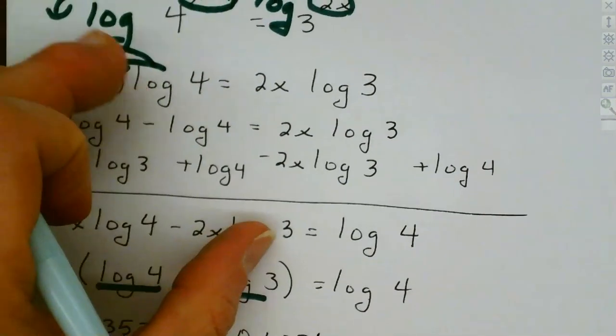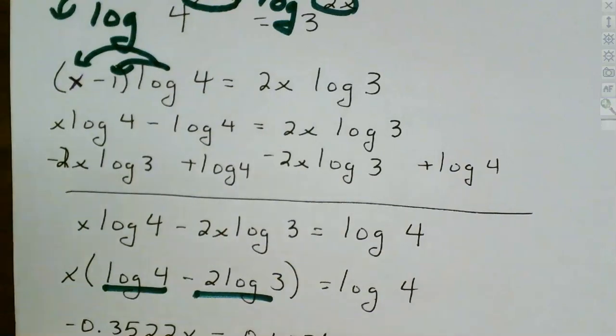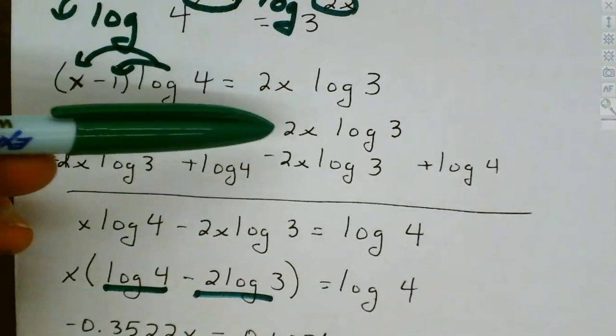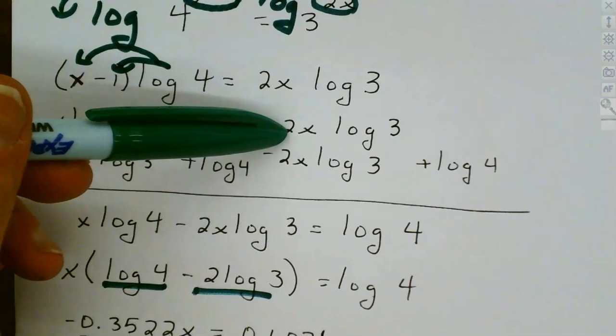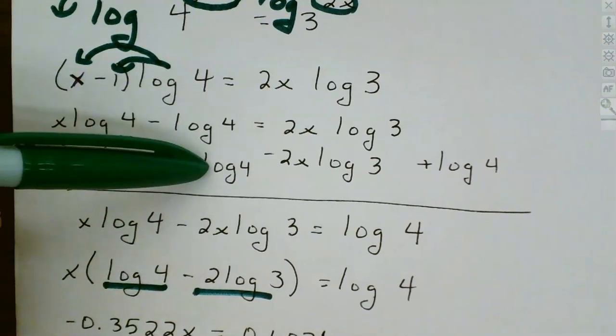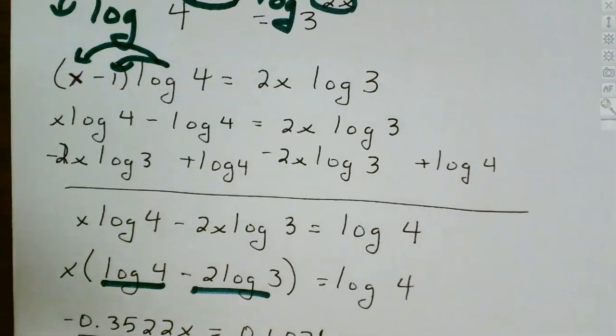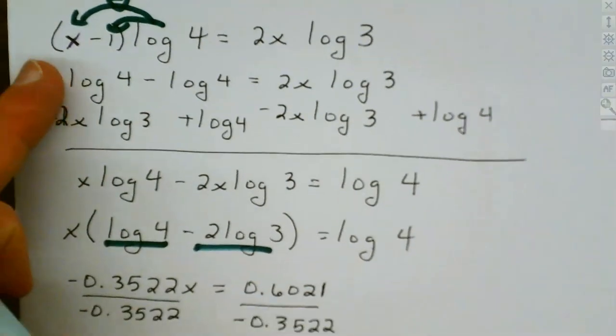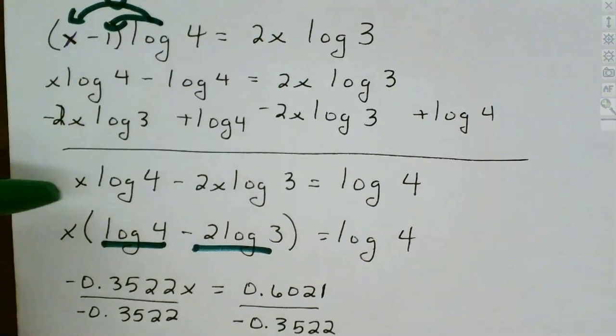Then what I did was I said, let's get all the x's together on one side so we can factor it out. So I moved the 2x log 3 over, and I moved the log of 4 over. That gave me this. And once I was here, I said, well, I can factor an x out of all of that, which I did, and that's what we want. We want to get the x by itself, so I factored it out.